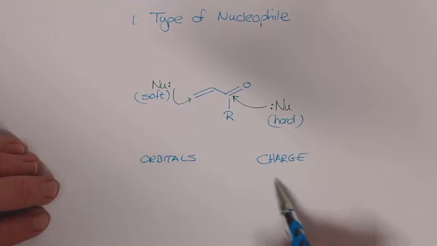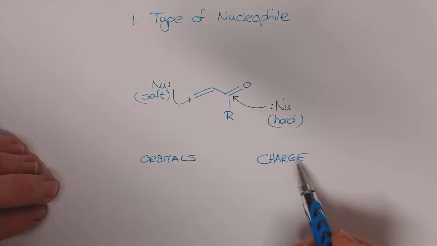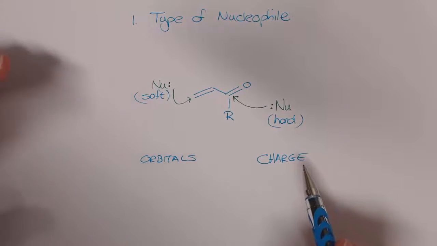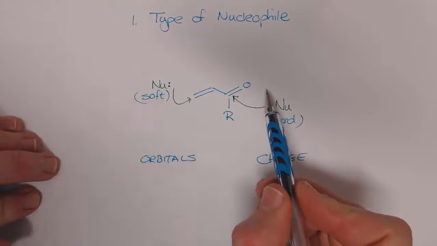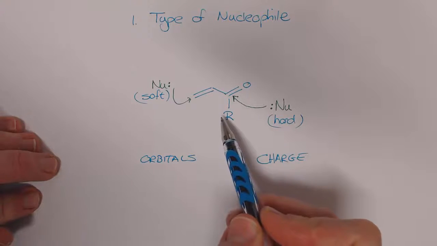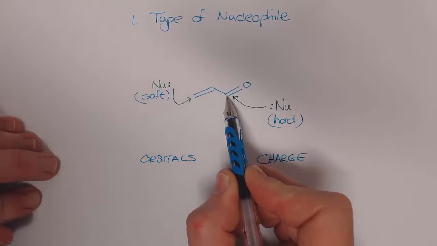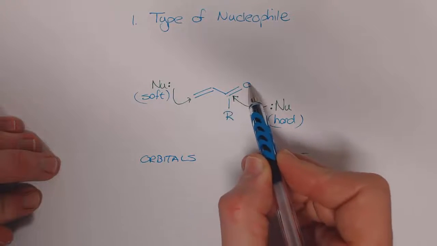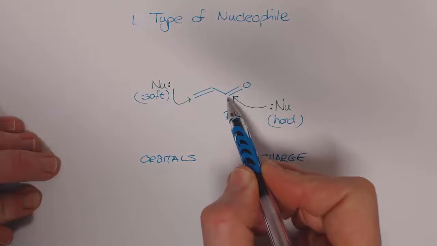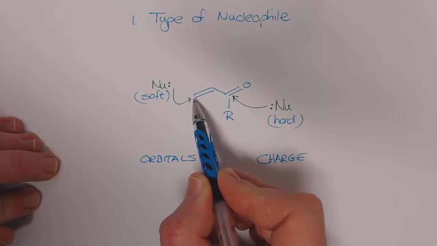But if things are brought together by charge, then what's happening there is we're normally seeing like pluses and minuses, which are bringing things together. So if we look at the unsaturated carbonyl compound that we have over here, the difference between these two positions here, this carbon over here, because it's next door to the oxygen, actually has a greater positive charge on it than this carbon over here. All right.